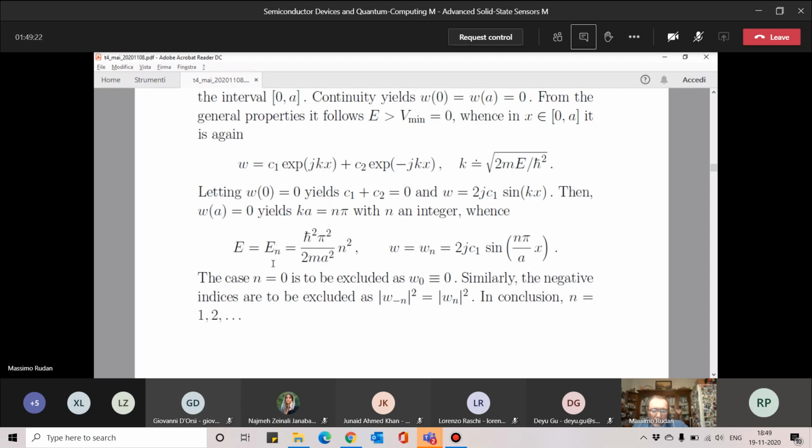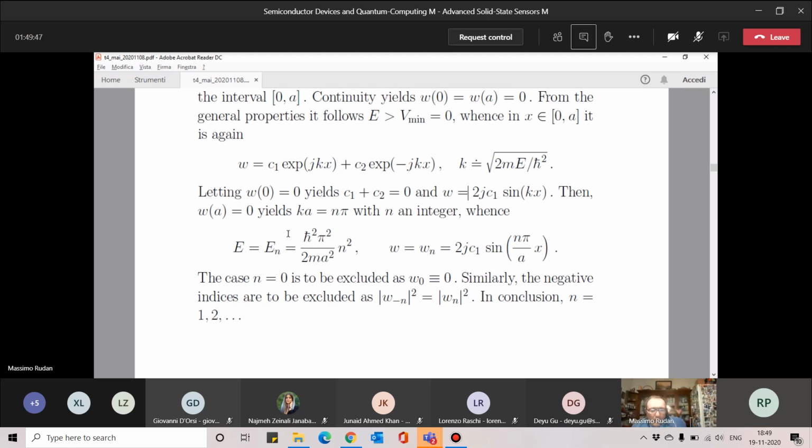So the energy becomes E sub n, and if you replace k from here, k, as you see from this equation, is n pi over a with n some integer, the eigenvalue of the equation is this.